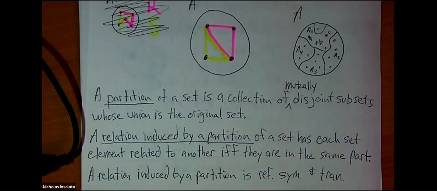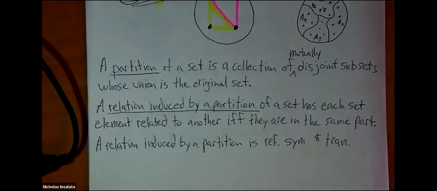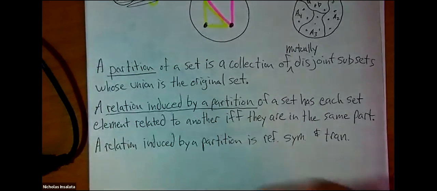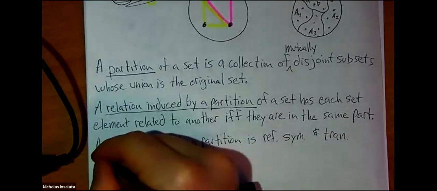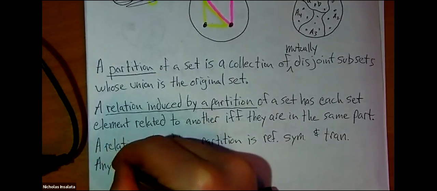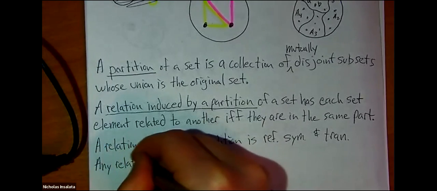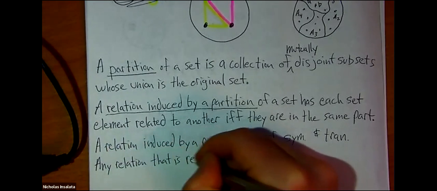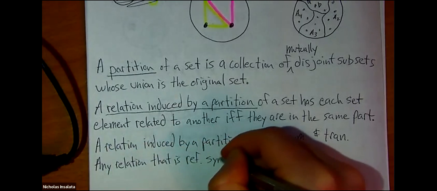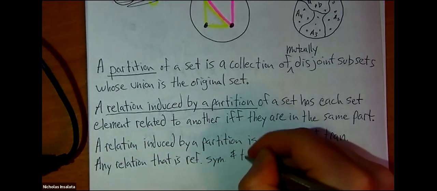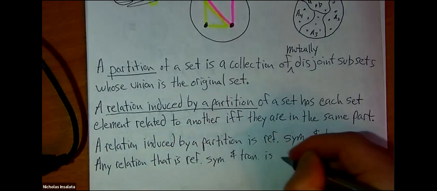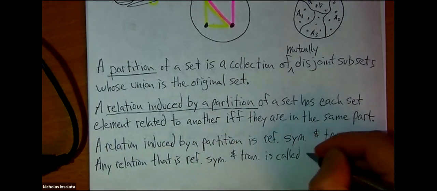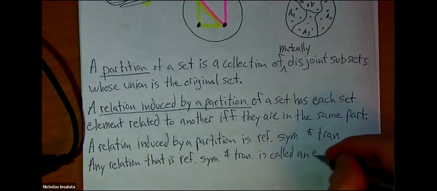All right. Okay, another definition here for you. Forget about partitions for a minute, just any relation that is reflexive, symmetric, and transitive is called an equivalence relation.